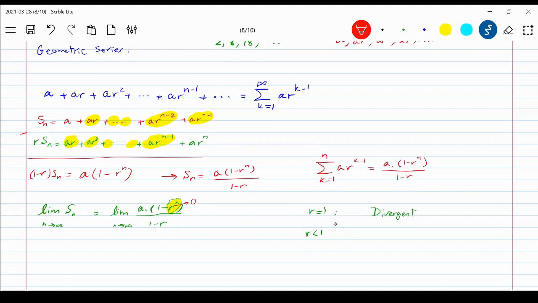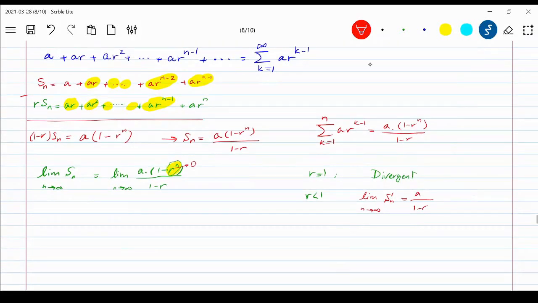So what do you get as the limit? The limit of Sn as n approaches infinity would be exactly a divided by 1 minus r, because you would have 1 minus 0 in the numerator. So in that case, we have a convergent series, and this is the limit.